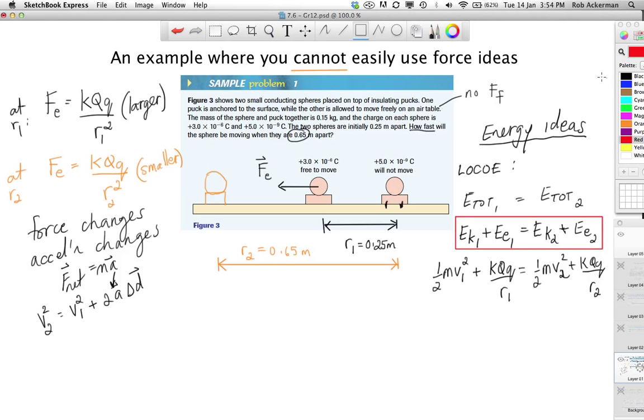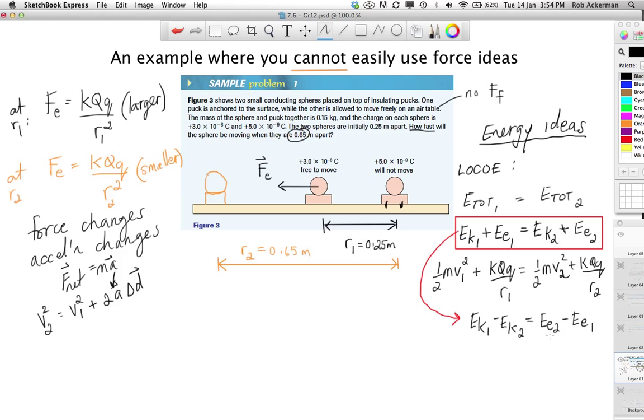I'll try to highlight that, and allow me to just pull this down here for a moment. I'm going to rearrange this. Look what I get. I'm going to put all of the EKs on one side. So there's EK1 minus EK2. I'm going to put all the EEs on the other side, so EE2 minus EE1. Now, look what we've got here. This side is easy.